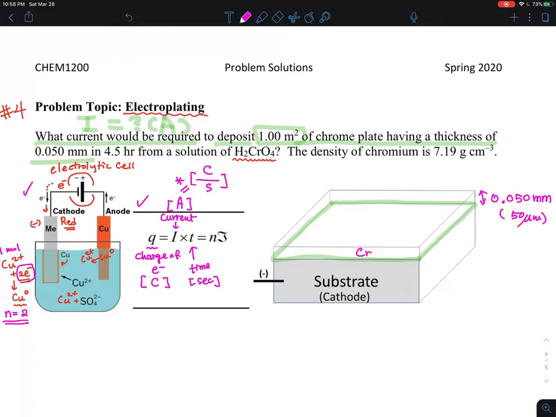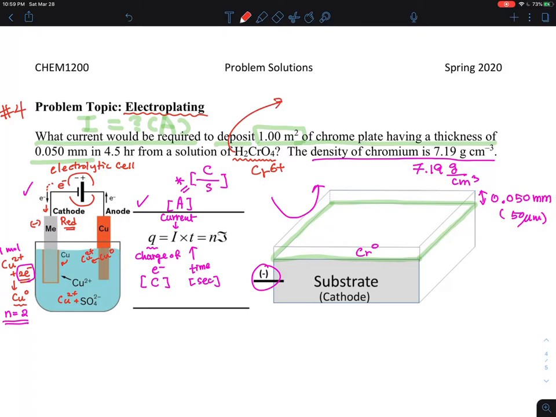What they give us is the density of chromium, 7.19 grams per cubic centimeter. As you can see, on the substrate, when you apply the negative voltage, there will be deposition of chrome metal from the solution. In the solution, you will see chromic acid, which has chrome 6 plus.